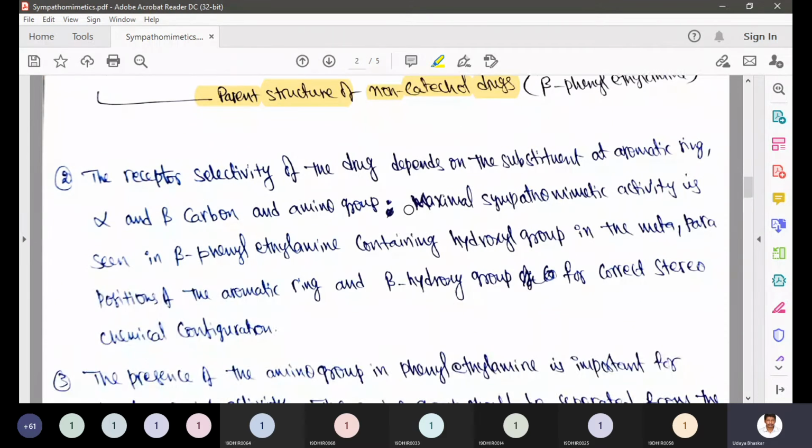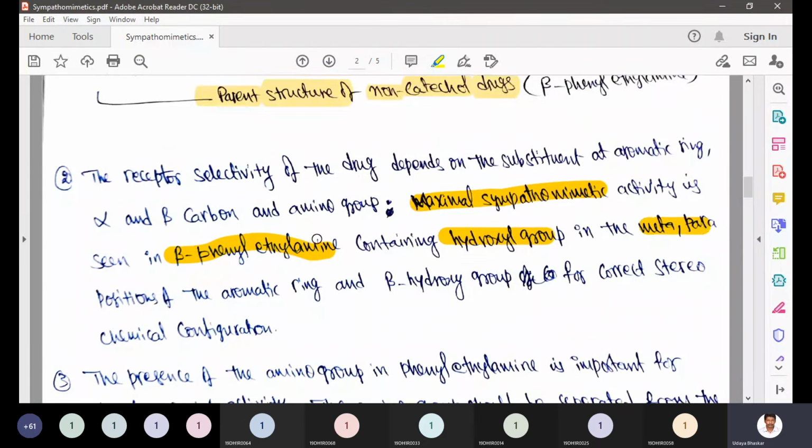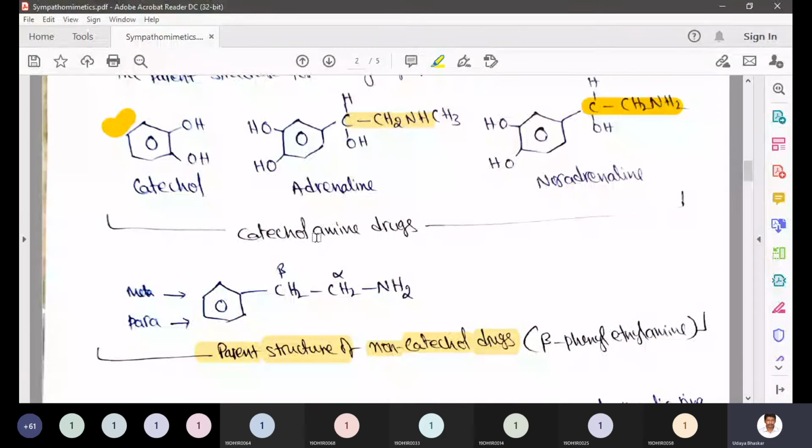Then maximal sympathomimetic activity is seen in beta phenyl ethylamine. Maximum sympathomimetic activity is shown by beta phenyl ethylamine containing hydroxyl groups in the meta and para positions. So that is again a catechol. Ortho, meta, para: this is the first position, second, third, fourth. First and second position, if both substituents are there, is called ortho.